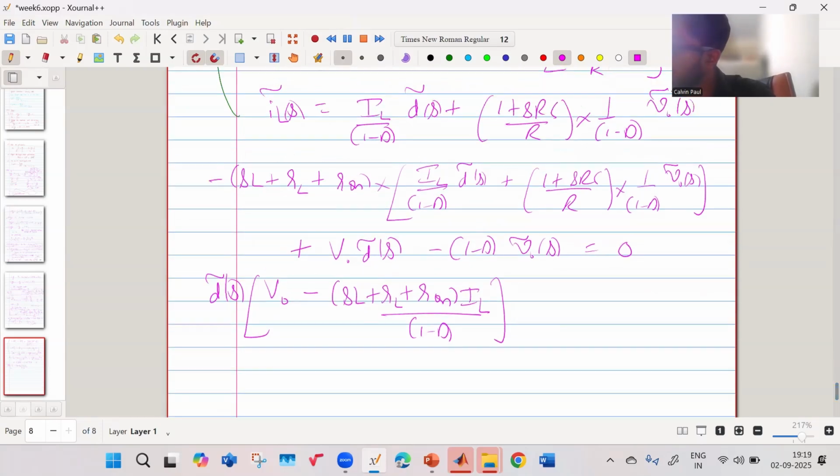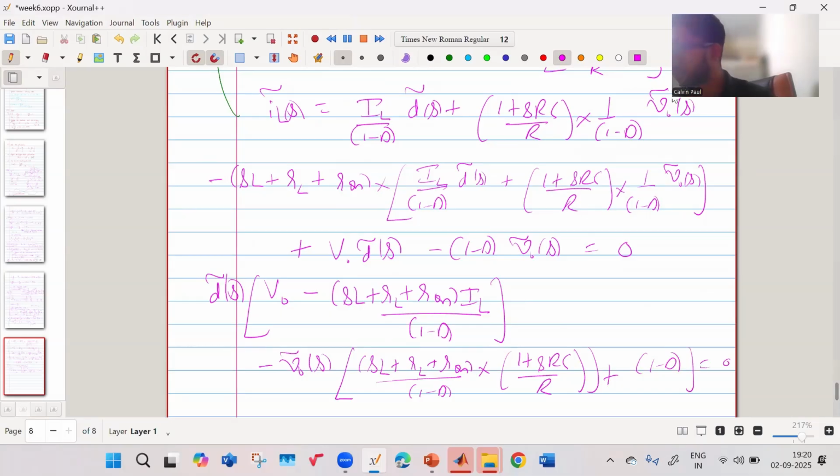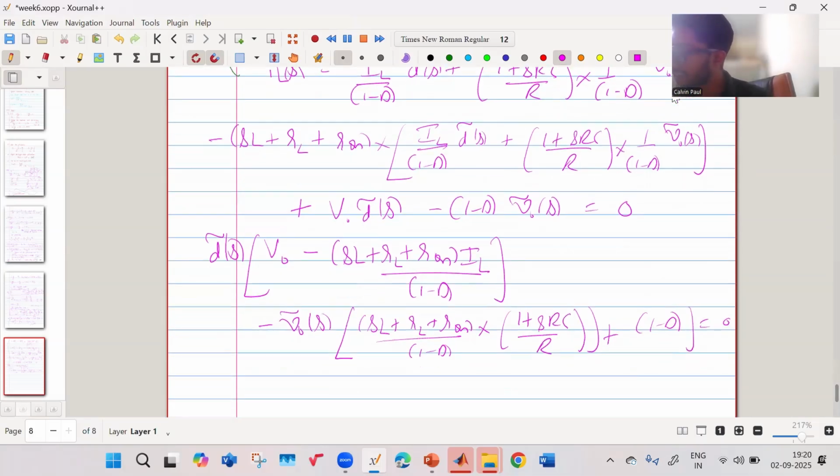And then you have minus V output per term of S is equal to SL plus RL plus R1 into 1 minus D into 1 plus SRC by R, plus 1 minus D. This is equal to 0. Right?